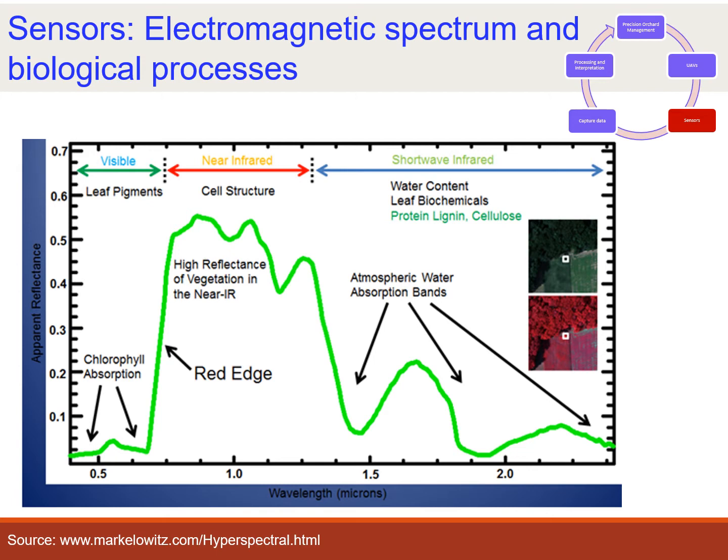For example, one can detect chlorophyll absorption and leaf pigments in visible light, whereas the cell structure and other vegetation reflectances can be detected in near-infrared wavelength, whereas water content, leaf biochemicals, and cellulose and other aspects of plant physiology and chemistry can be absorbed in shortwave infrared.